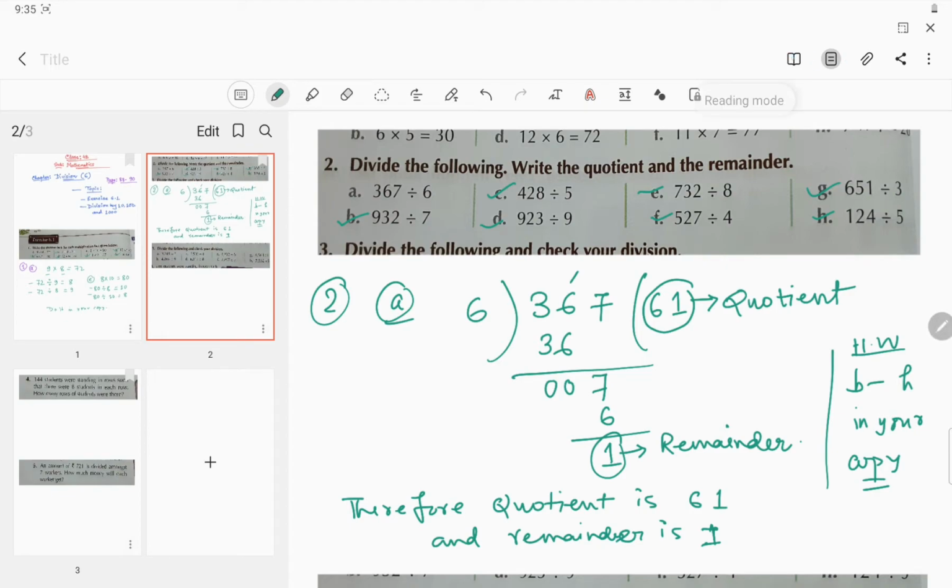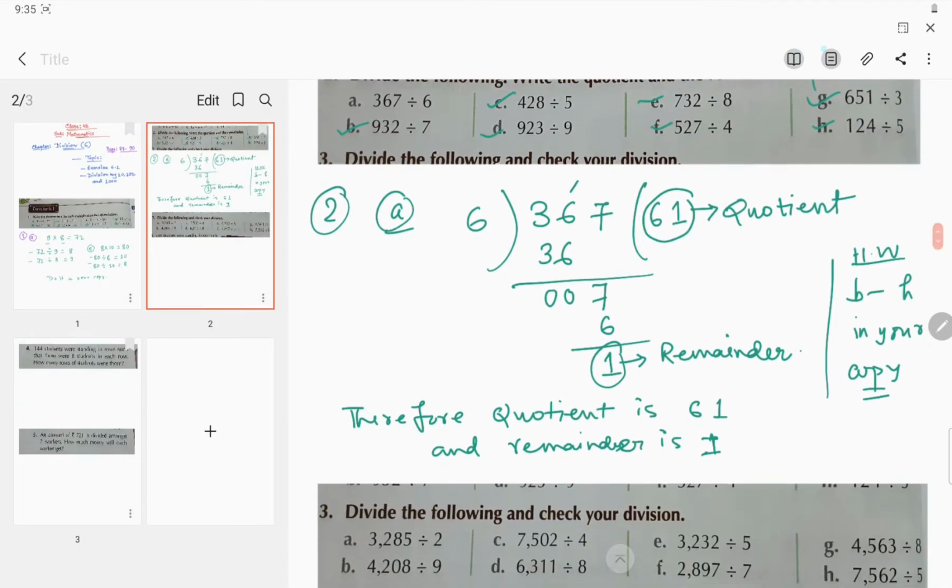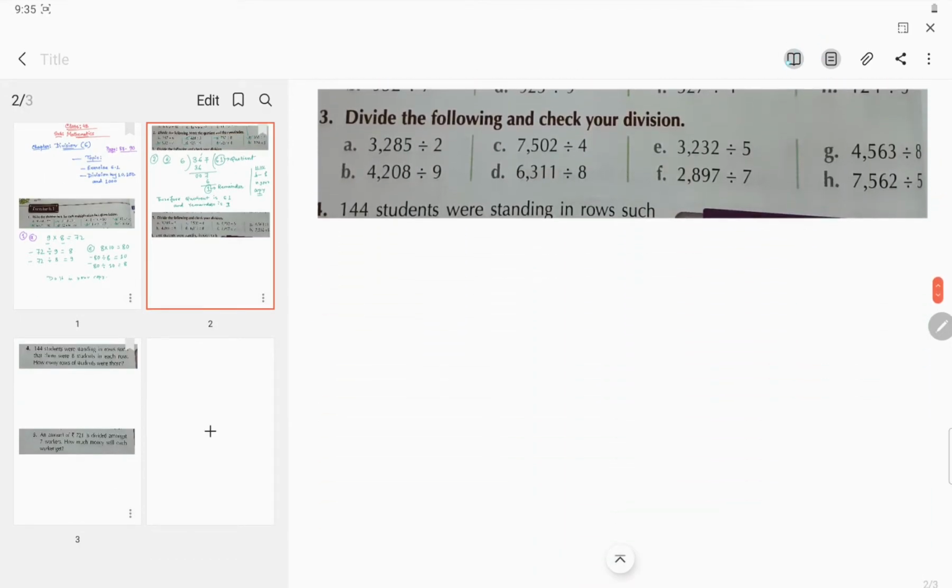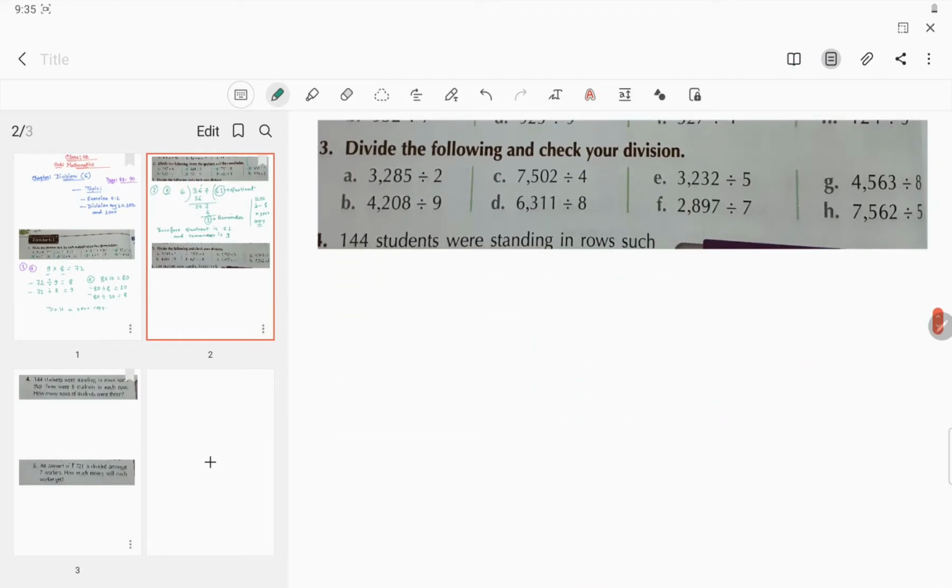Now question number 3. Divide the following and check your division. So how to do this kind of problem? I am now solving question number 3a.